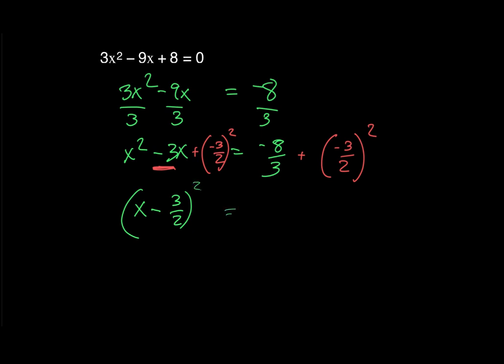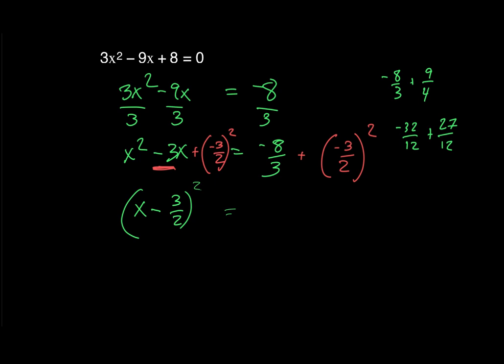And this will equal, let's see up here, negative 8/3 plus 9/4. 3/2 times 3/2 is 9/4. I have to convert into twelfths. Negative 32 twelfths plus 9 times 3 is 27 twelfths.